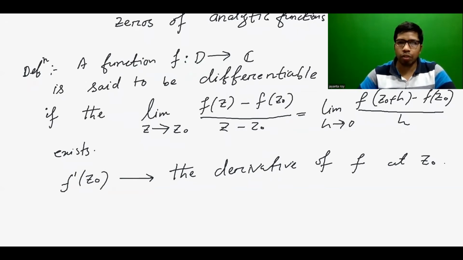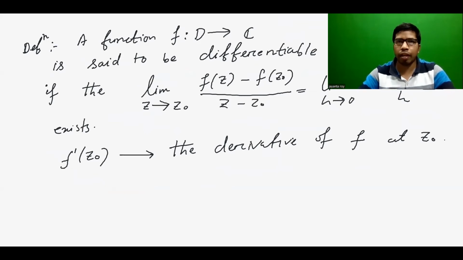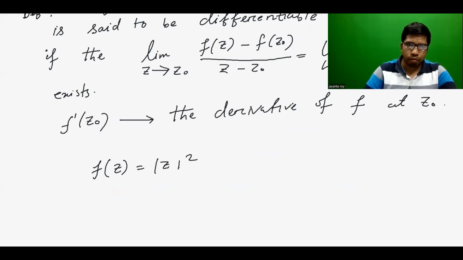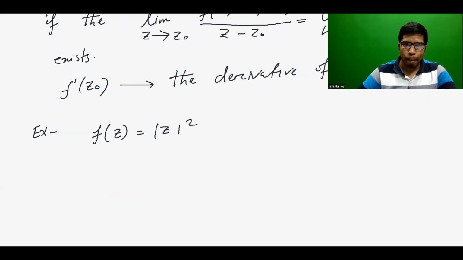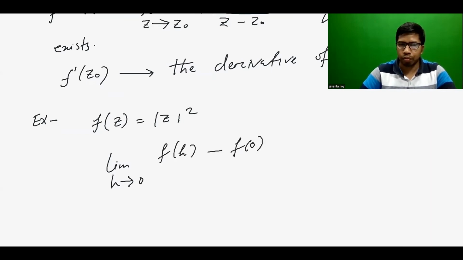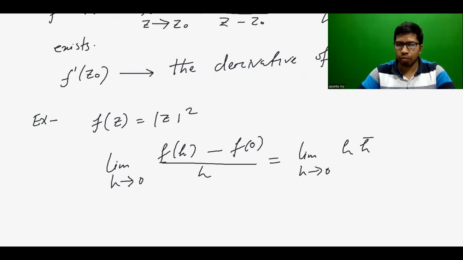So there are so many functions which are differentiable. For example, if we consider the constant function, polynomial function, and also the exponential function, all are differentiable in the entire C. Now we consider one example. f(z) equals modulus of z squared, and it is very easy to show that this function f is differentiable at the point 0, because the limit is equal to 0.